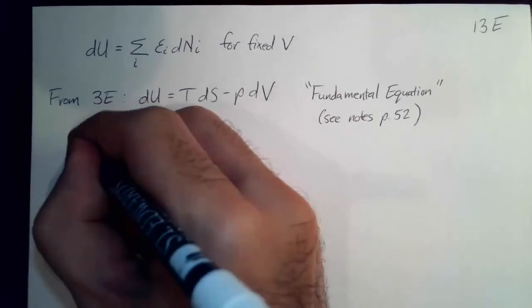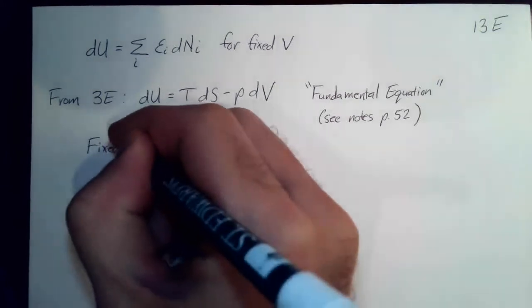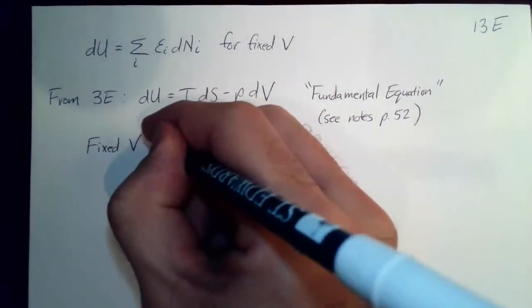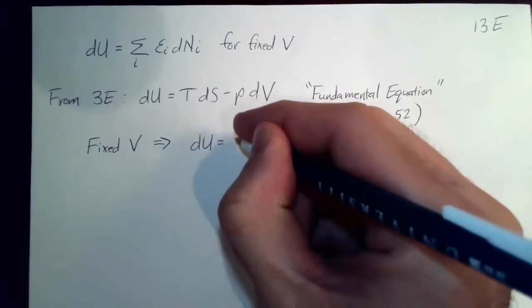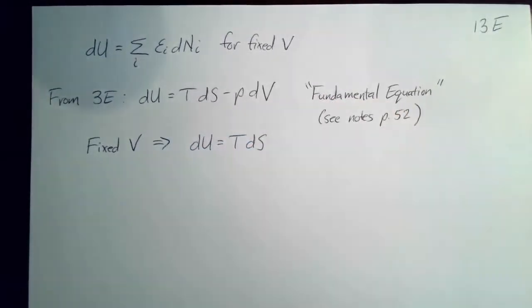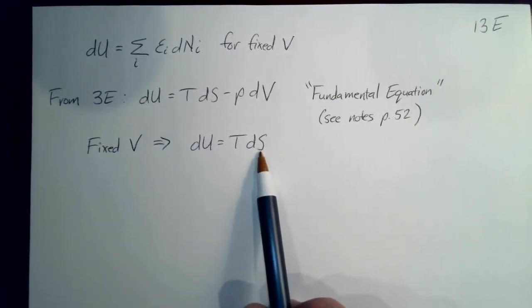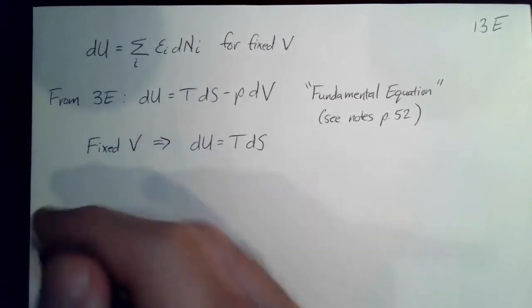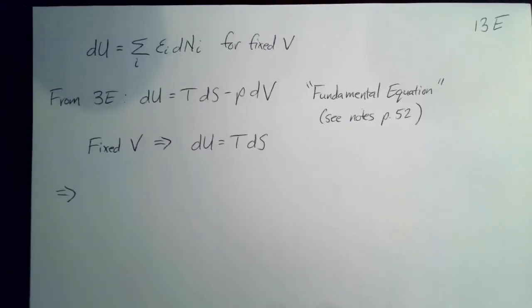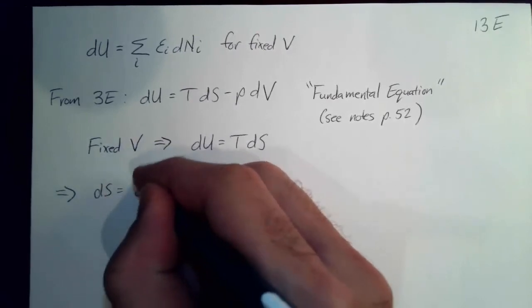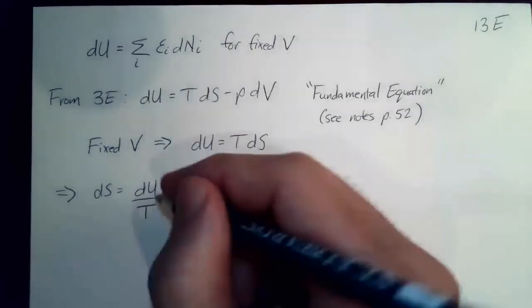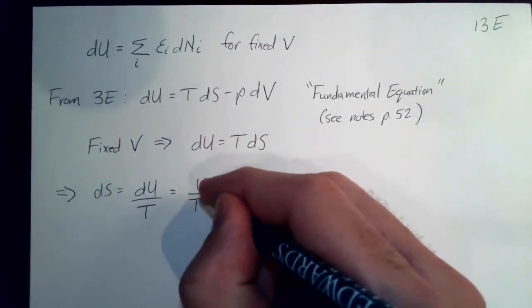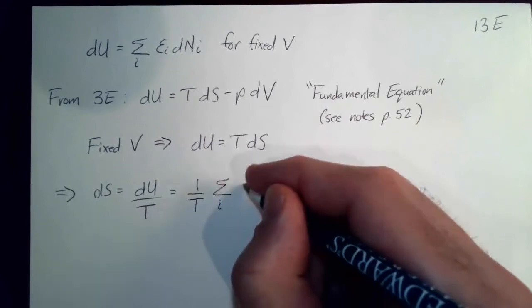Okay, so continuing with this fixed volume, if the volume's fixed, then dV is 0, and so dU is equal to T dS. And so now I can write a formula for dS using this formula for dU. So dS is dU over T. And dU is this. So I have 1 over T times this sum.